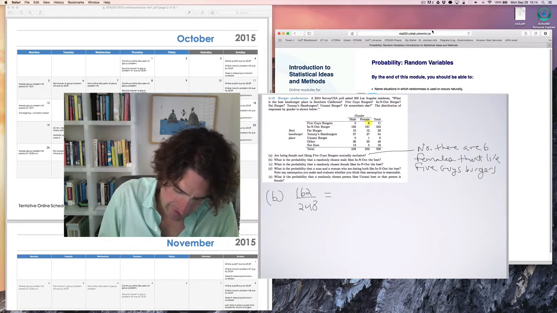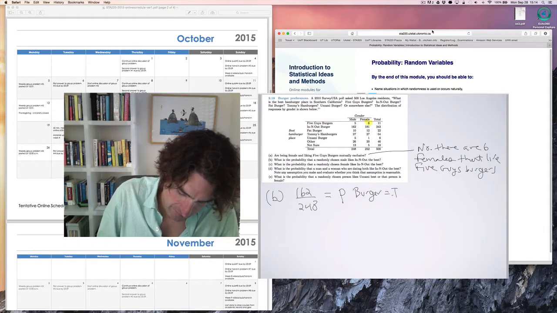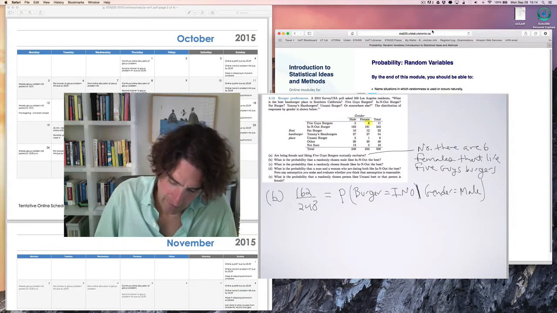And note that that's the same as the probability that the burger preference is In-N-Out, given that the gender is male. So that's an example of a conditional probability.